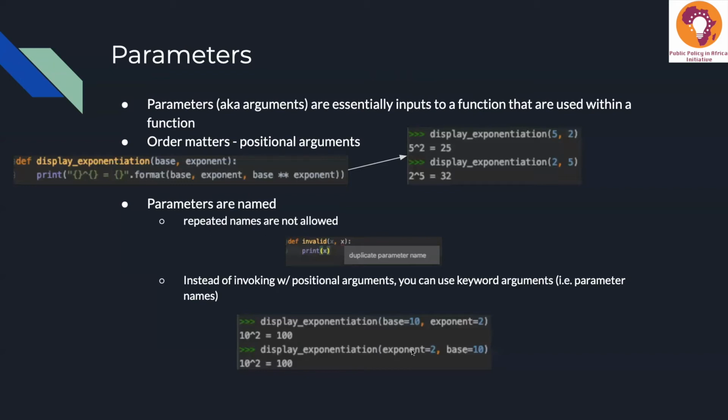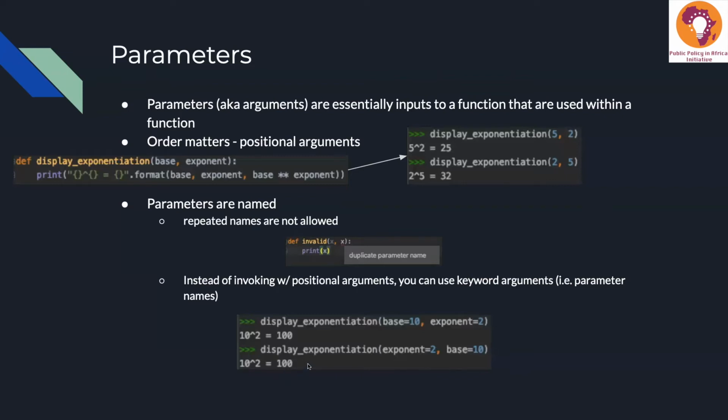Just know that once you start using a keyword argument, the rest of the arguments to your function need to be keyword arguments, because suddenly order no longer matters. It wouldn't know what I'm trying to do if I just put in a 10 here. So here I can do exponent equals 2 as the first thing in my call, and base equals 10 as the second one.